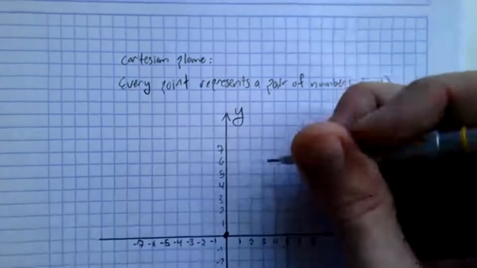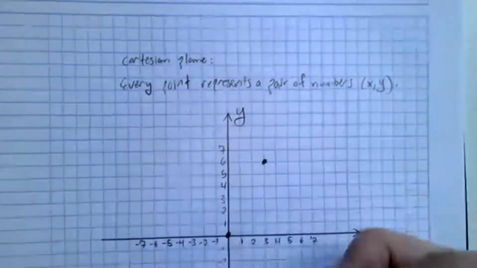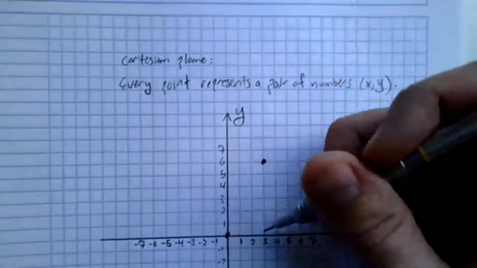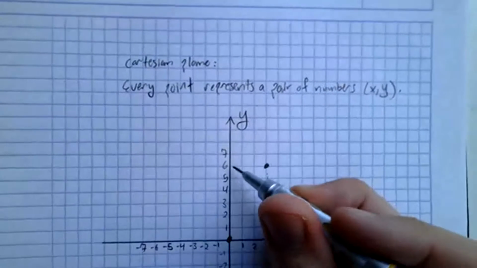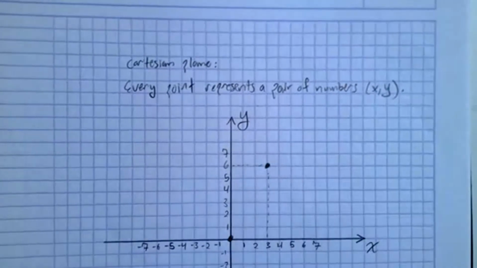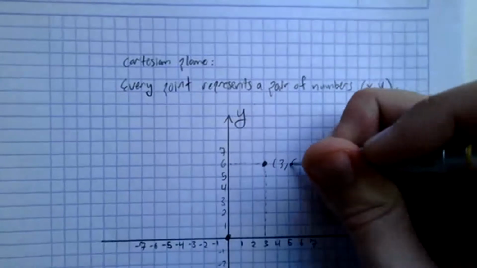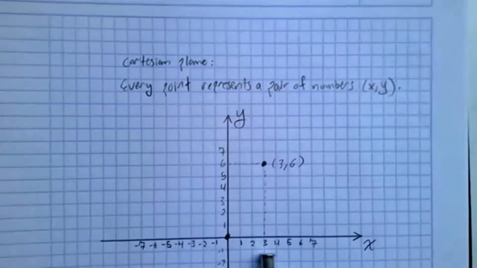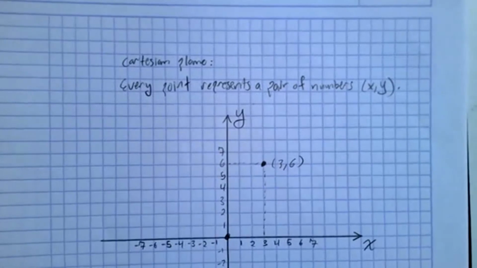So any point on this plane can be represented by its horizontal position, represented by the number marked on the x-axis, and its vertical position, marked by the number on the y-axis. In this case, this point is the point 3, 6, because its x-coordinate is 3, and its y-coordinate is 6.